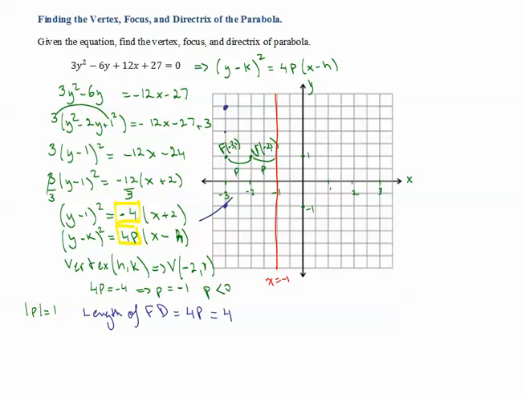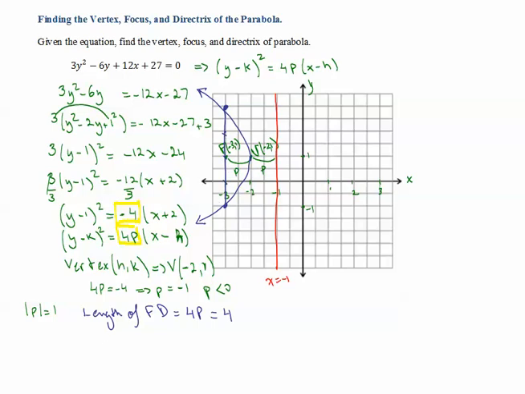So this parabola is this way, opening to the left, and this is the focal diameter, which is equal to 4p, or 4 units.